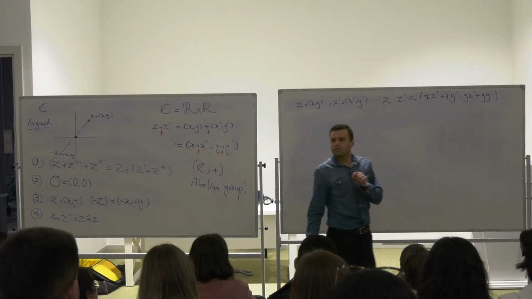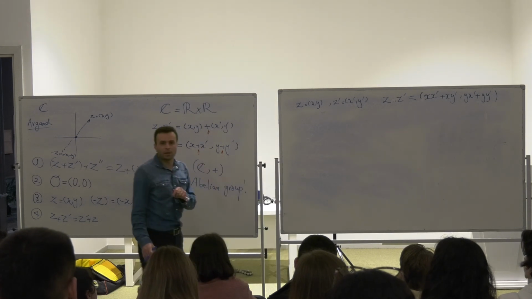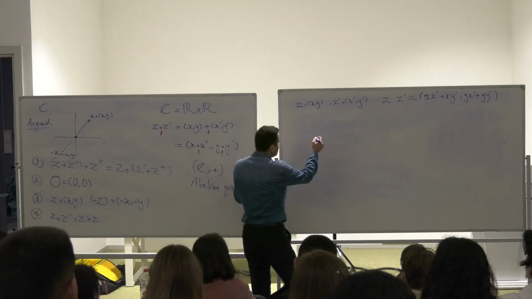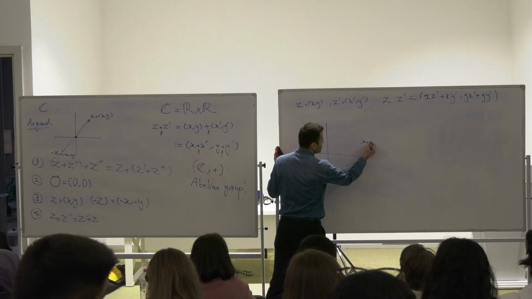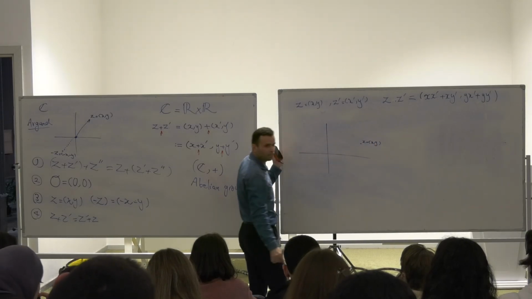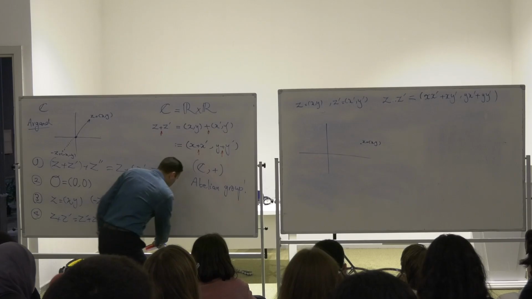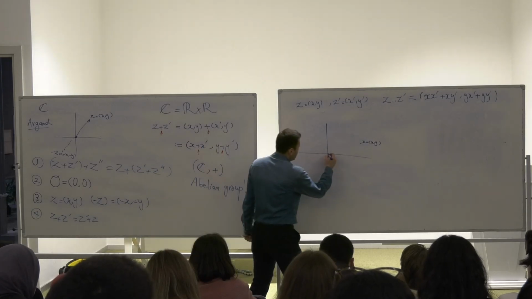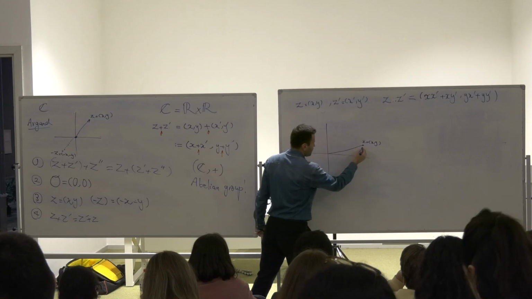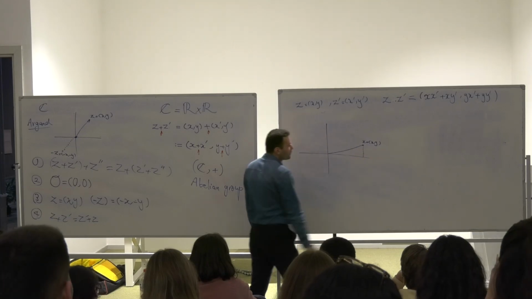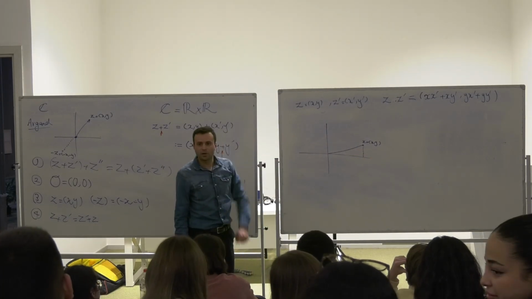But historically what is happening is this. Let's assume you have this complex number z here, x, y. How can I represent these x's and y's?